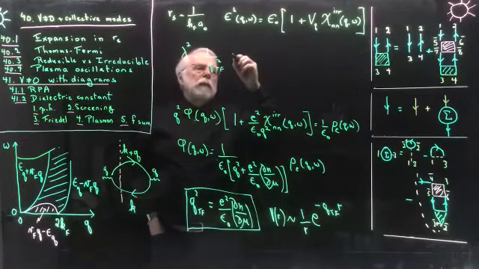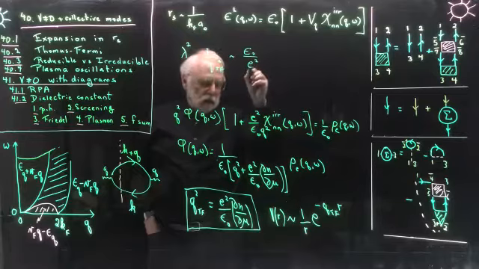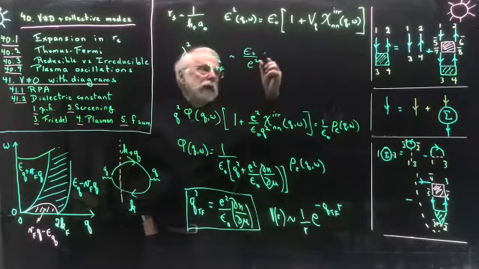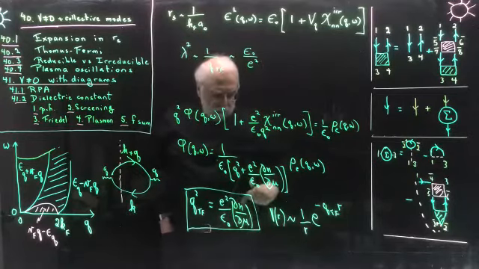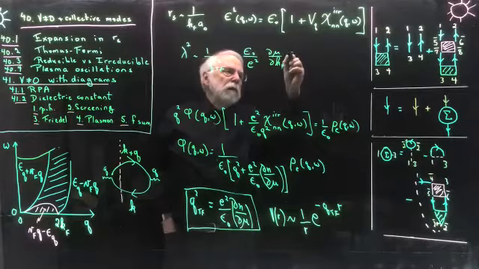If I put this backwards, this is like epsilon_0 over e squared, and d mu over dn is d mu over dk Fermi times dk Fermi over dn. I just use the chain rule.